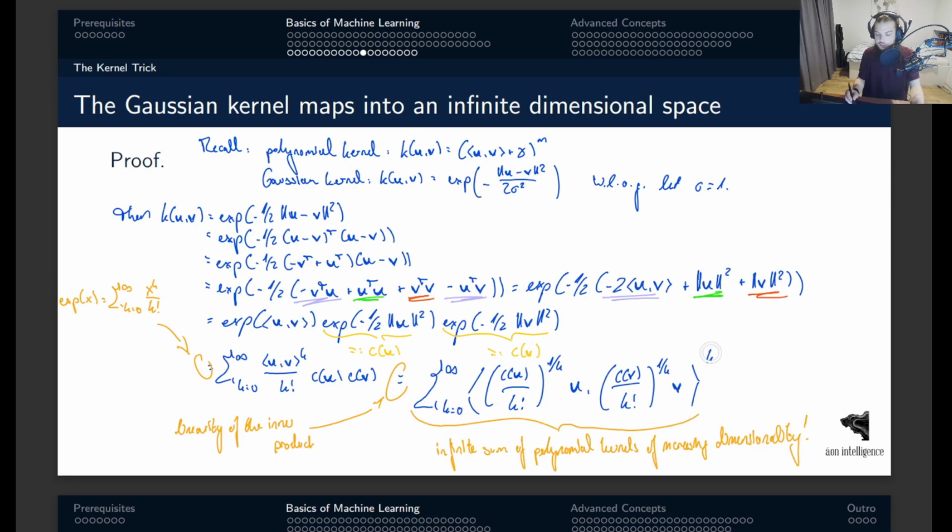And finally, we observe that this is an infinite sum of polynomial kernels of increasing dimensionality. So observe that each of these terms is a polynomial kernel where m is equal to k, and we increase the dimensionality towards infinity. And since we can rewrite this Gaussian kernel as an infinite sum of polynomial kernels of increasing dimensionality, we have shown that the Gaussian kernel maps into an infinite dimensional space.